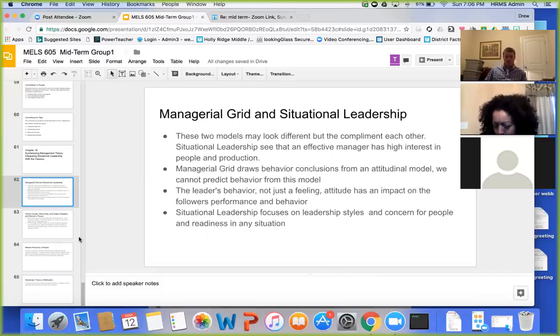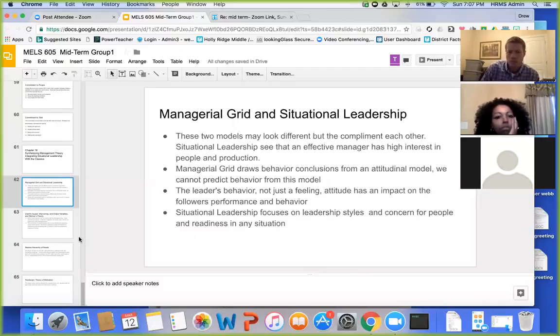These two models seem a little bit different, but they complement each other. When we look at situational leadership, we see that an effective manager has high interest in his people and also in production. When we look at the managerial grid, it draws behavior conclusions from an attitudinal model. We cannot predict behavior from this particular model.